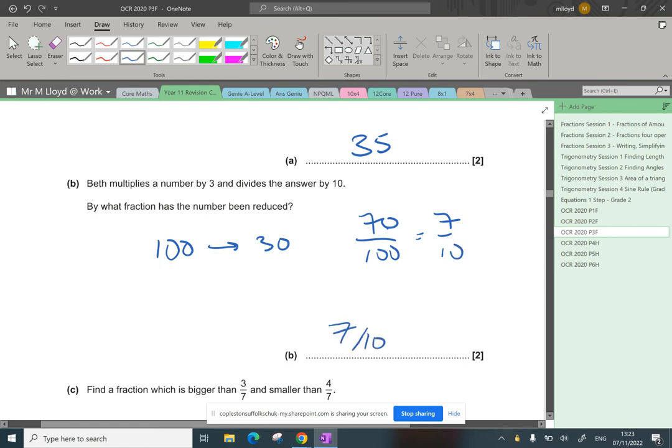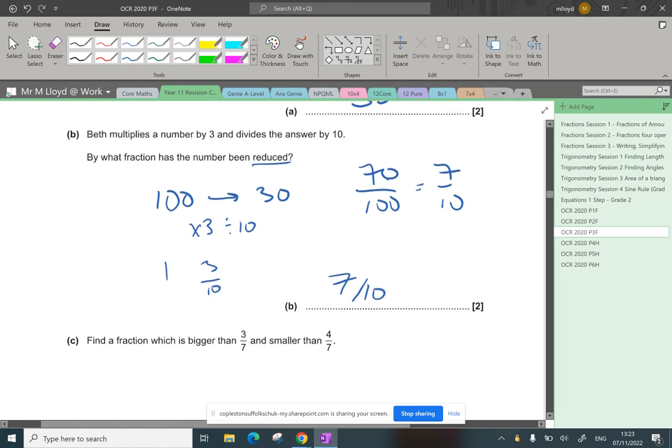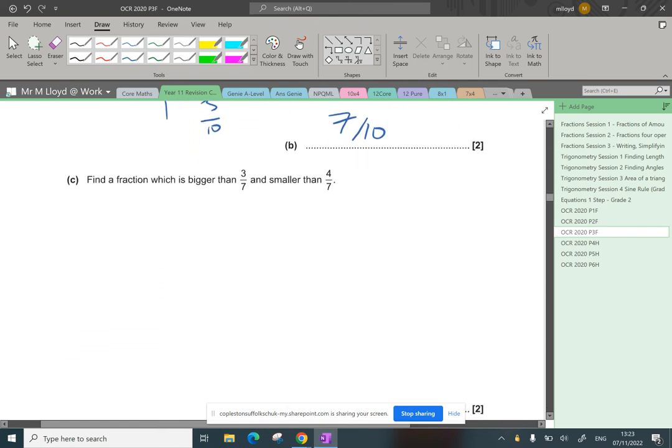7/10. So how have I done that? I've just picked a number. 100 is easy. Times it by 3 and then divided it by 10. If I'd done that with 1, I'd have got 3, and then I've got 3/10. And effectively, we could say that's gone from a whole 1 to 3/10. So it's reduced by 7/10. Part C, find a fraction which is bigger than 3/7 and smaller than 4/7.